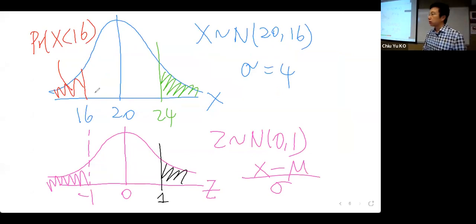We don't need to do anything because it's symmetric. The pink area is the same as the black area. Of course, we look at F on the left-hand side and subtract from 1 the same thing. I'm not going to do the detail, but I hope it is clear what's going on.